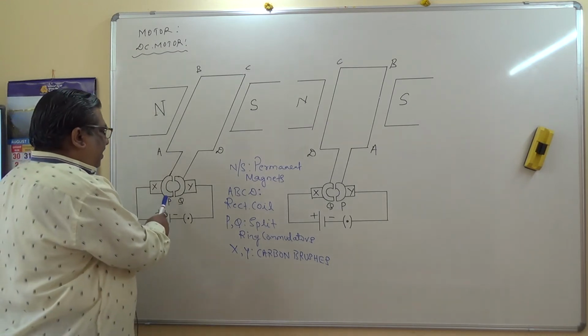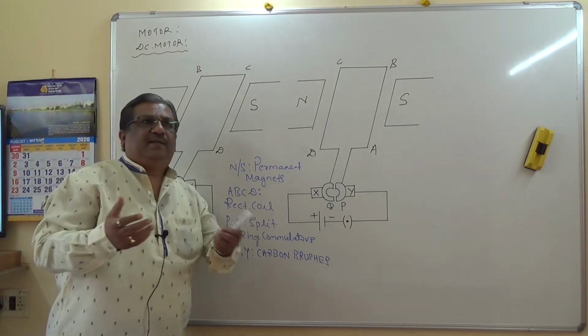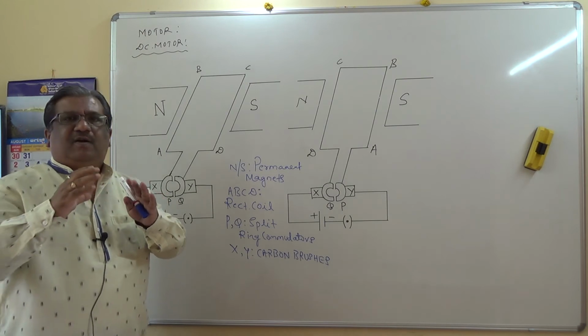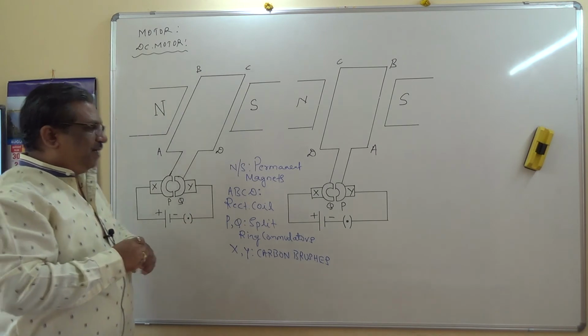So what are P and Q? We should know what P and Q are. P and Q are something like cylindrical hollow bushes which have been cut through the central part, that is, split into two parts, something like this.